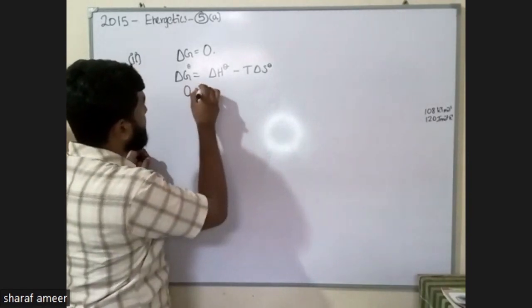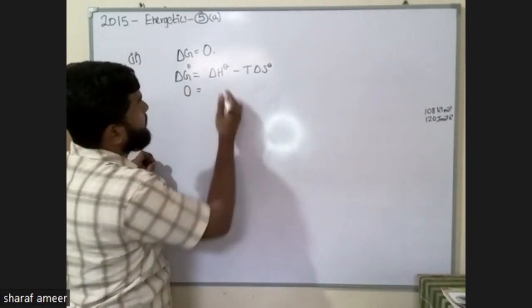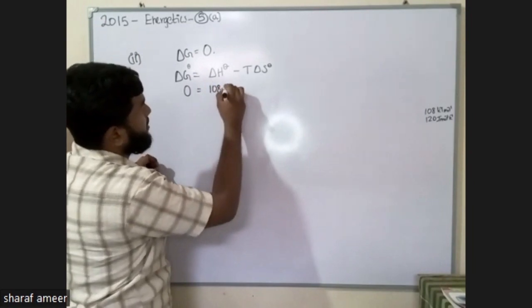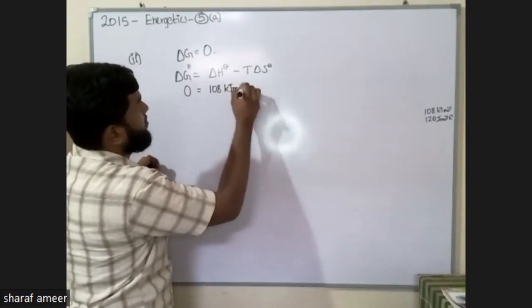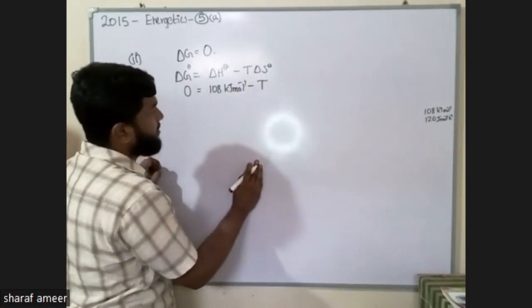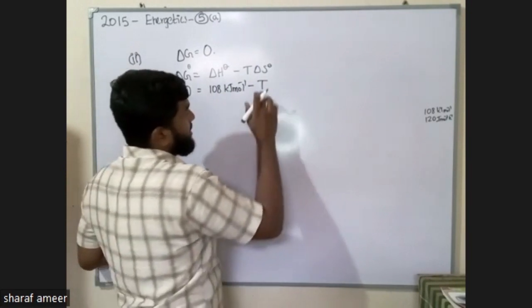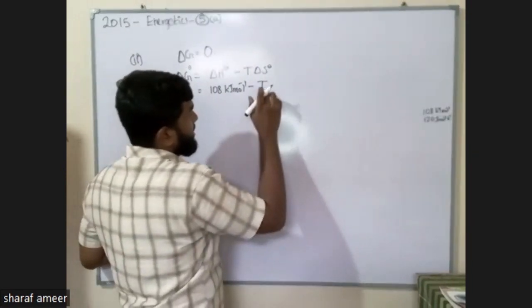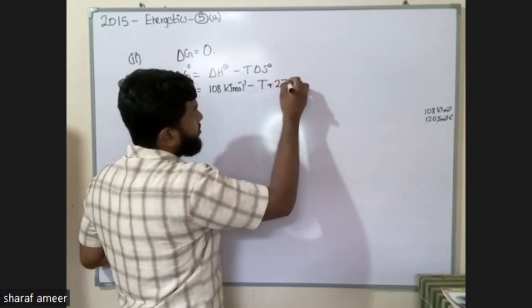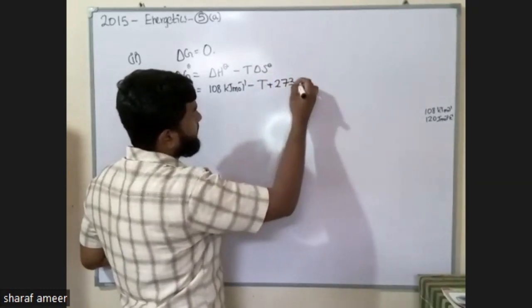So 0 is equal to, we found out delta H is equal to 108 kilojoule per mole minus T degrees Celsius. If it is degrees Celsius, you have to convert this to Kelvin, so you have to add 273.